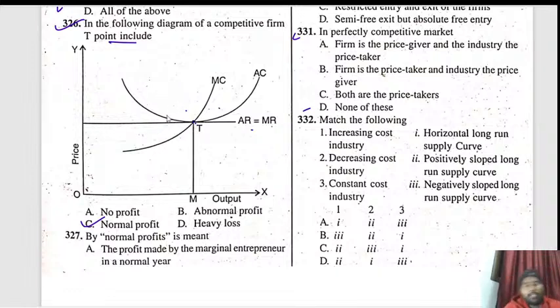If the price is above the average cost, then there will be a supernormal profit. But here it is normal profit. So option C is correct. Question number 3 to 6, option C is correct.